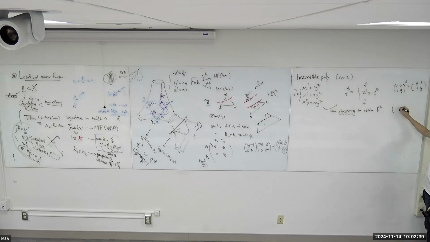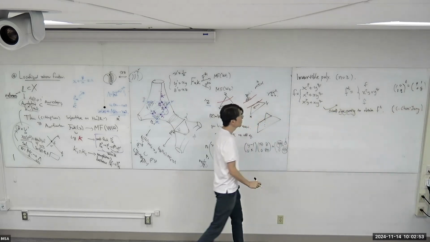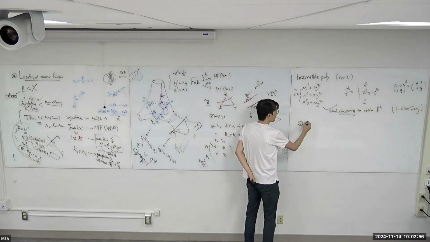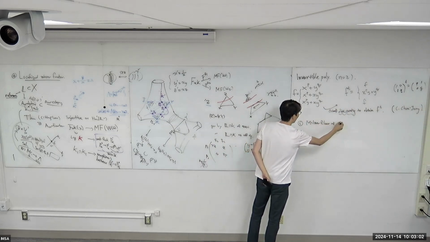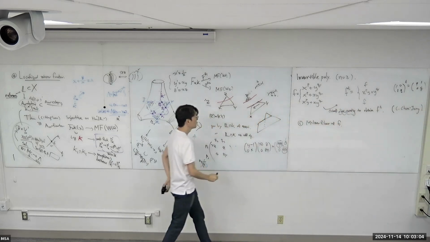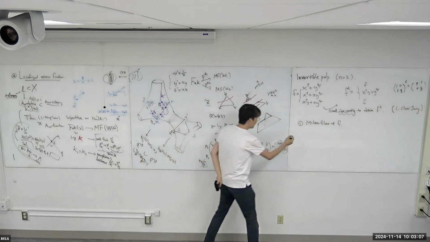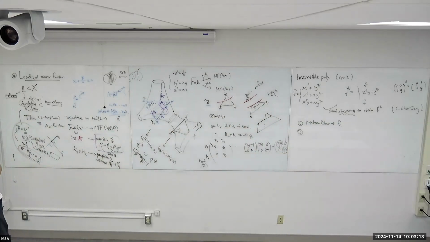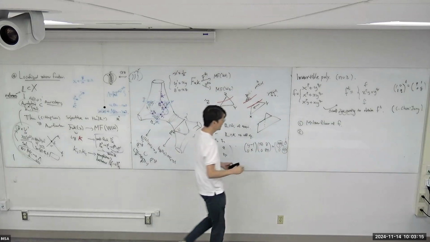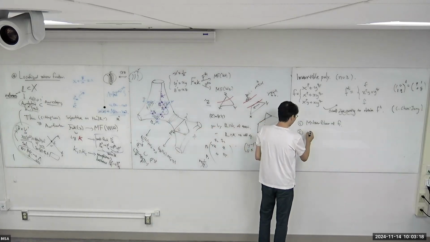This is joint work with another set of my students, Dong Ja and Chang. The step is, first you look at the Milnor fiber of F. Let's go ahead, no, let me just write the steps and finish.